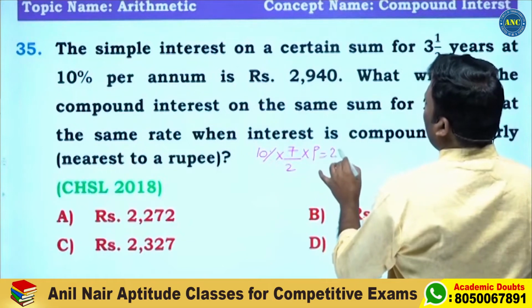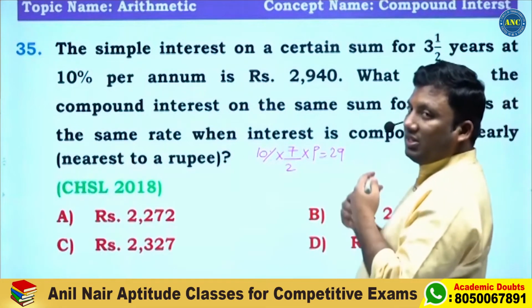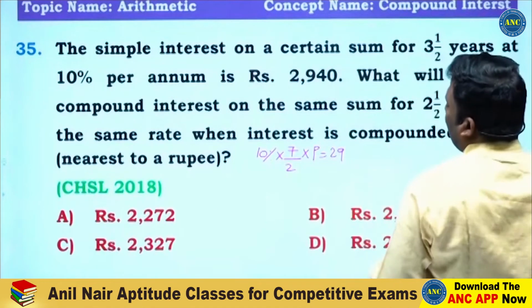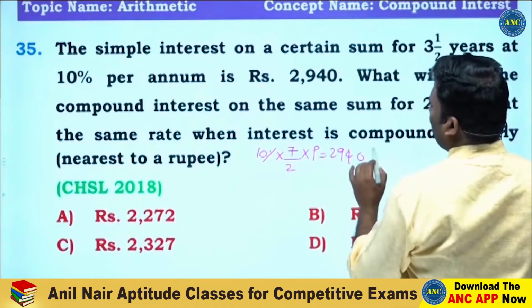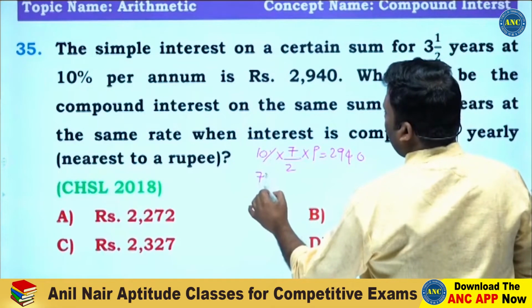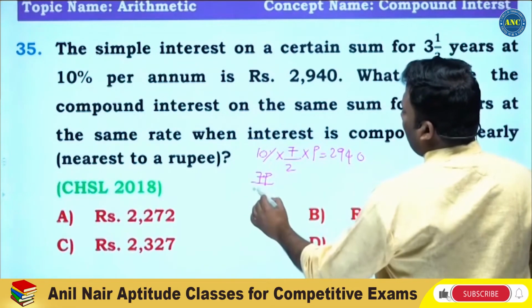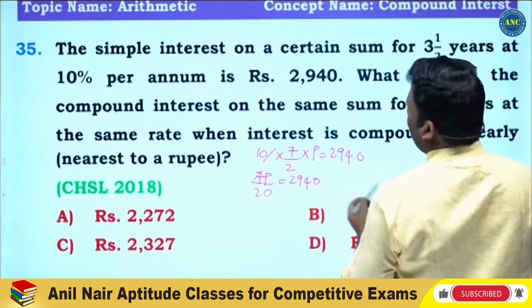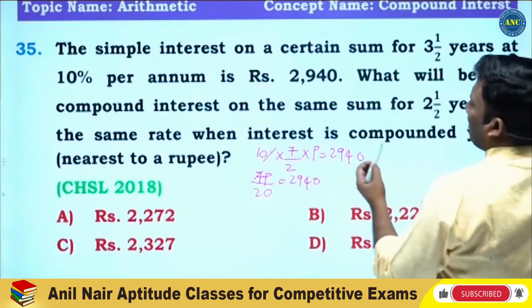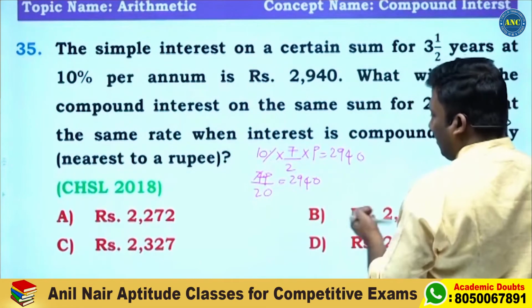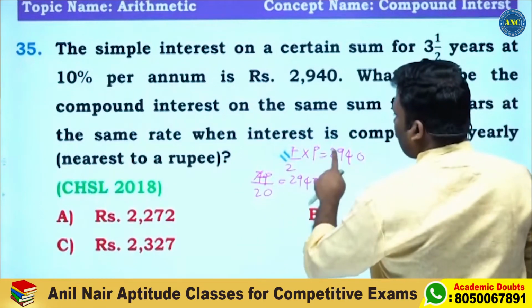On principal, if I apply 10% for the first year, second year, third year, and half of the next year, it is 2940. So these 7p by 20 is equivalent to 2940. So this will be 7p by 2. I'll write down here, 1 minute, sir.